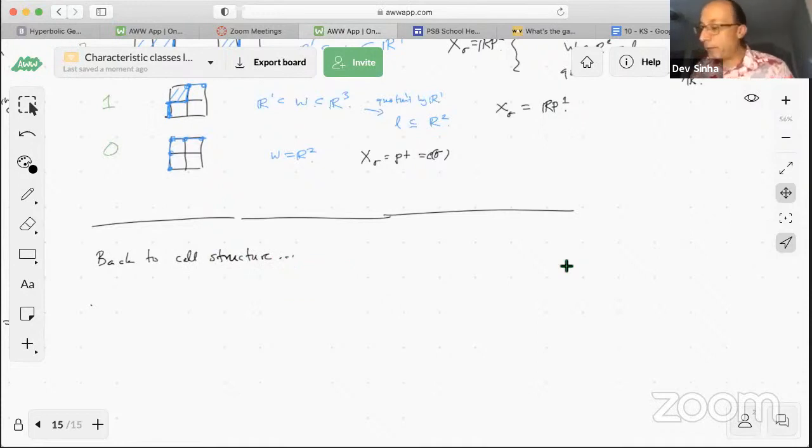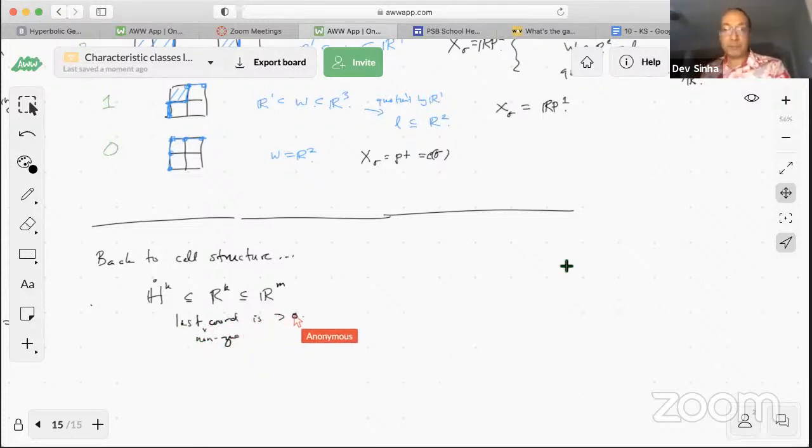First, let's define HK open to be the subset of RK, which again is often sitting inside RM, so that the last non-zero coordinate is positive.